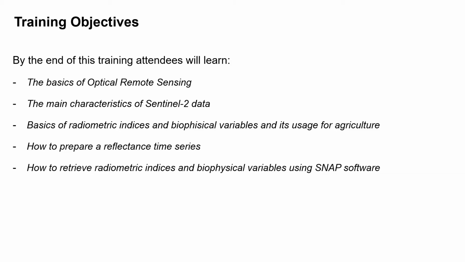You will learn the basics of radiometric indices and biophysical variables and their usage in agriculture. I will also introduce you the main features of ESA SNAP software and explain how to use SNAP software to pre-process Sentinel-2 data and how to retrieve radiometric indices and biophysical variables that can be used, for example, in crop monitoring.